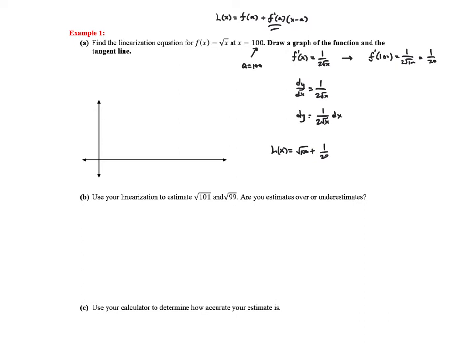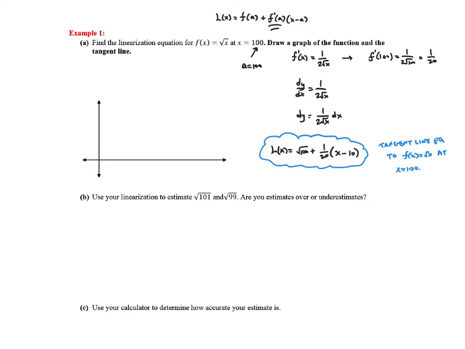Okay, so 1/20th times x minus a, so x minus 100. Okay, so that's going to be the equation. All this is the equation of the tangent line to f of x equals the square root of x at x equals 100.